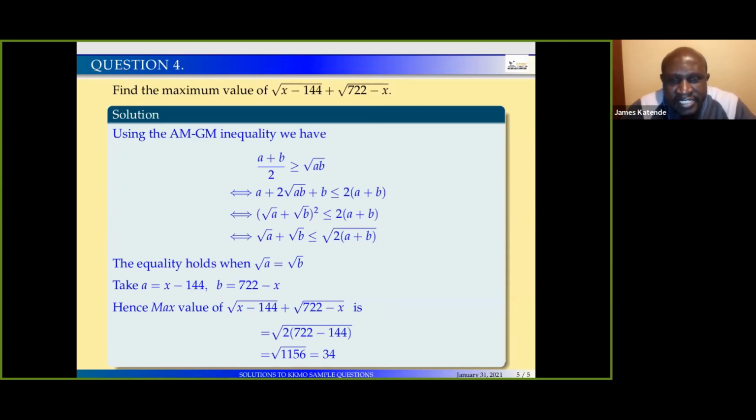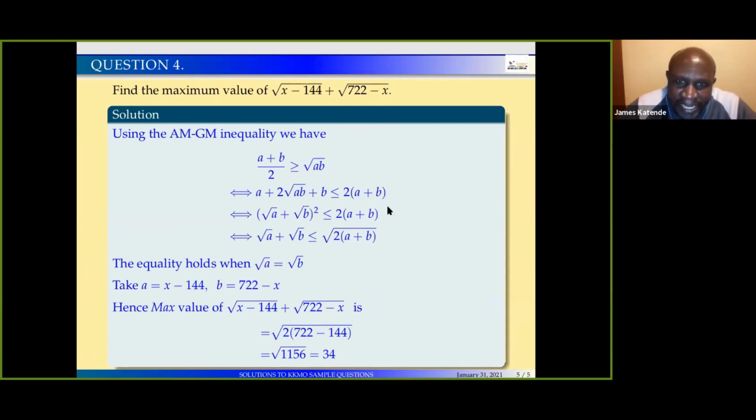We can rewrite this and switch sides so that the square root of AB will be less than or equal to A plus B over 2. We can go further and multiply so that 2 root AB will be less than or equal to A plus B.